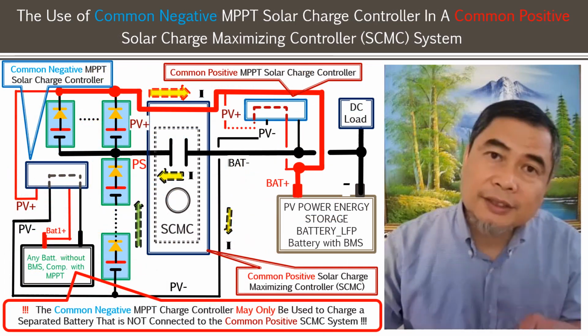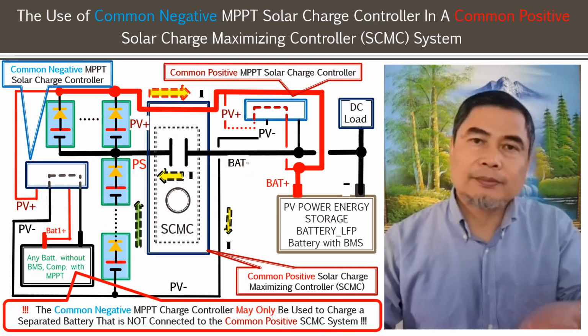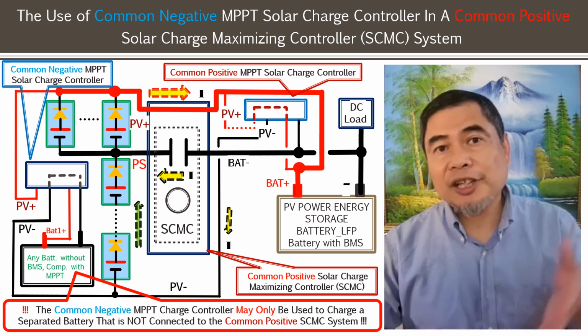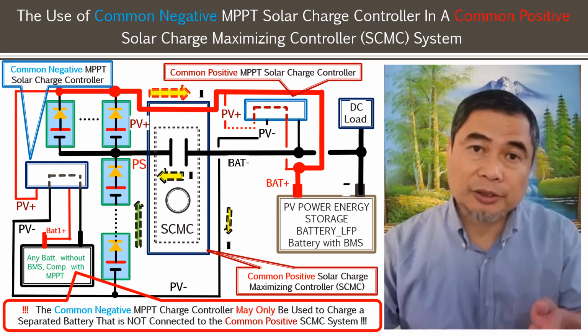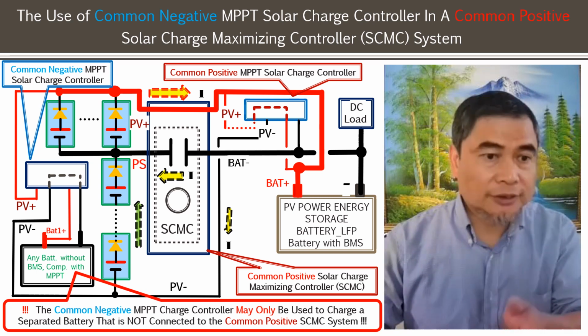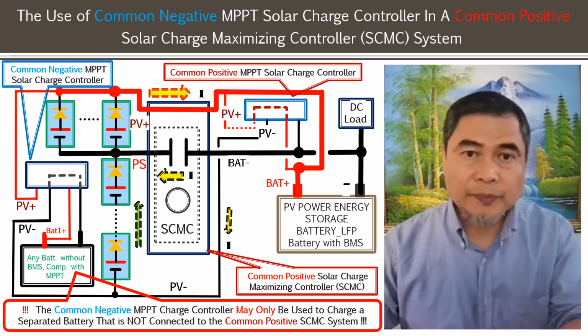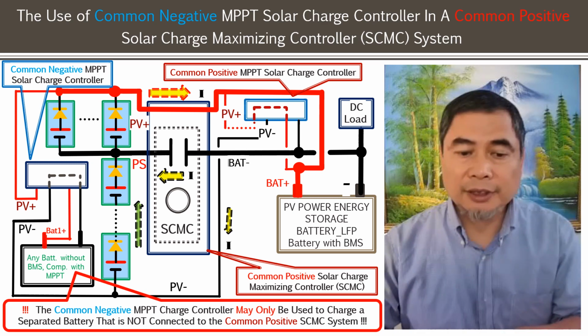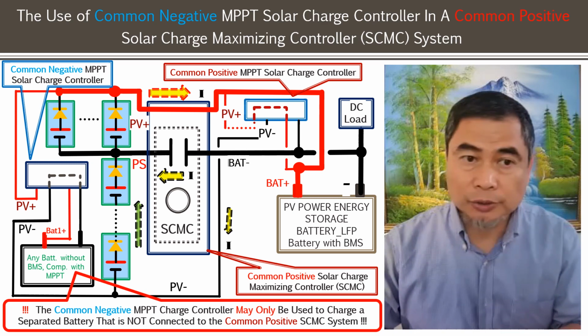So this is the opposite of the system we just explained. It's a common negative MPPT solid charge controller charging a different battery in a common positive solid charge maximizing controller system.